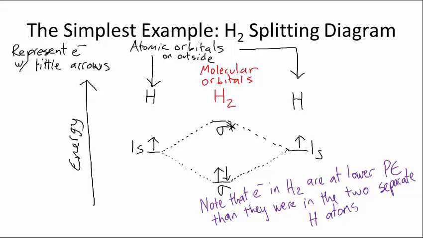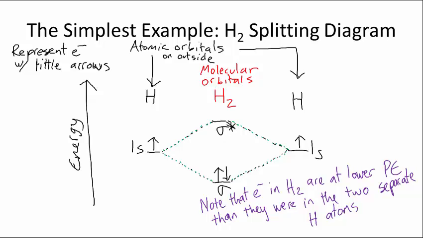So when we talk about a molecular orbital splitting diagram, we mean a diagram like this. The dotted lines there, that I'll highlight again in green, represent what we sometimes call parentage, meaning the atomic orbitals are like the parents from which the molecular orbitals were made.